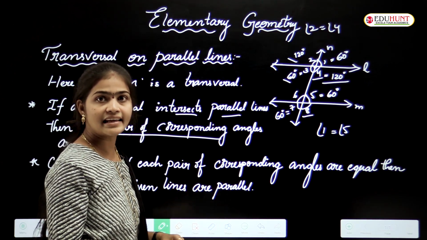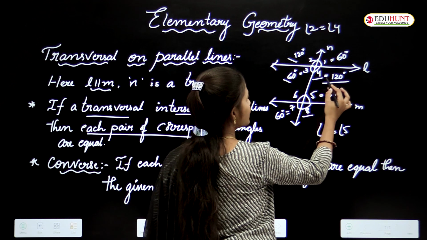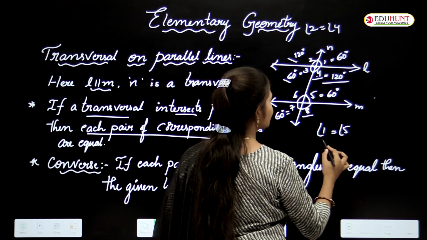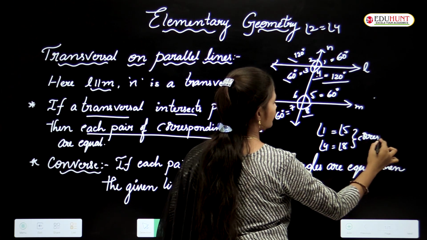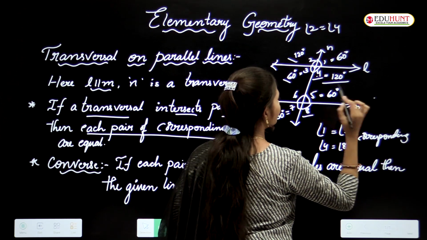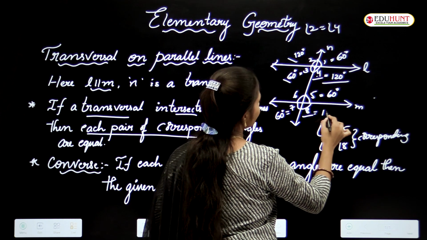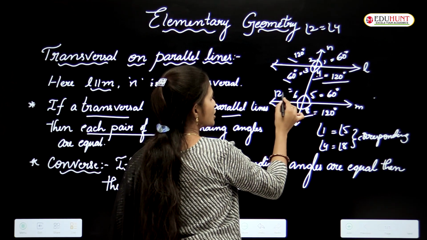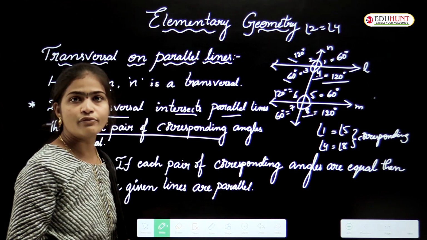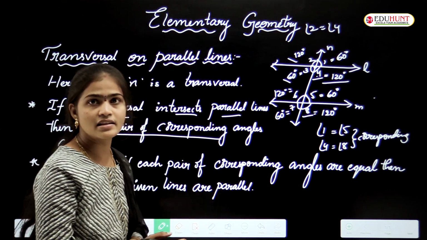Angle 4 and angle 8 are corresponding angles, so angle 4 is equal to angle 8. Why? Because corresponding angles. So that's why angle 8 is equal to 120 degrees, and in the same way angle 6 is also equal to 120 degrees. Now we know all of those 8 angles.